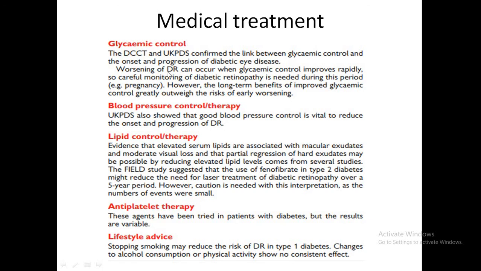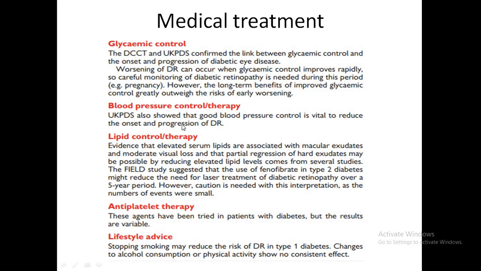Whereas if the glycemic control worsens, it could hasten the progression of diabetic eye disease. And diabetic retinopathy can worsen when you suddenly improve the glycemic control. So there should be careful monitoring of the retinopathy, especially in pregnancy.